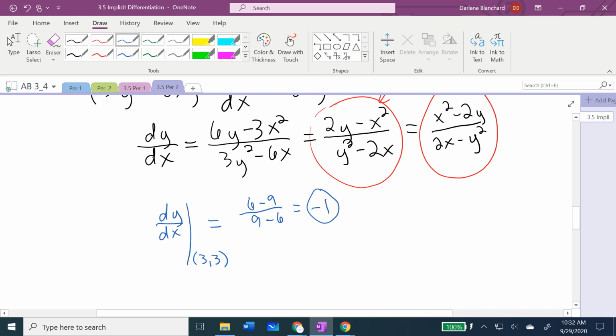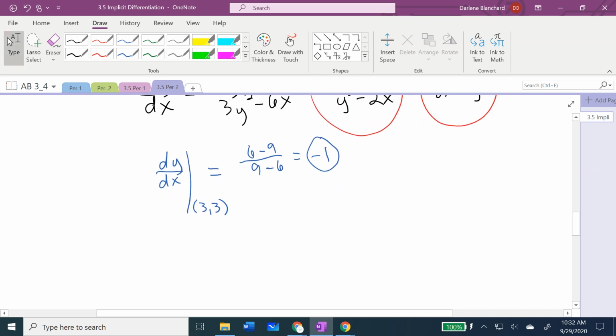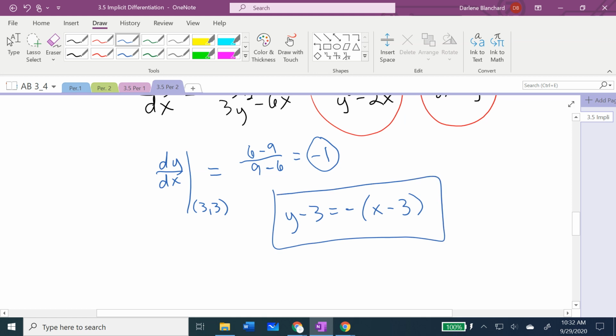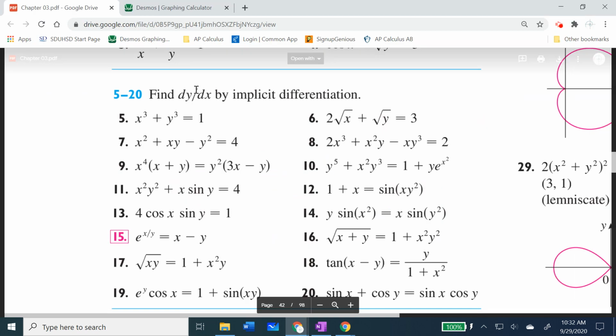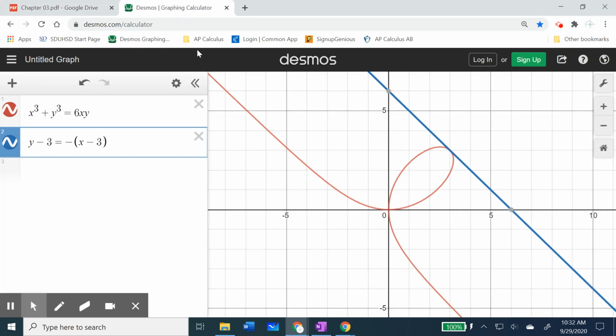Now that I know my slope and my xy coordinate, I write the equation of the tangent line. And I've got this ready to show you in Desmos. If I can find where I put Desmos. Yay, there it is.